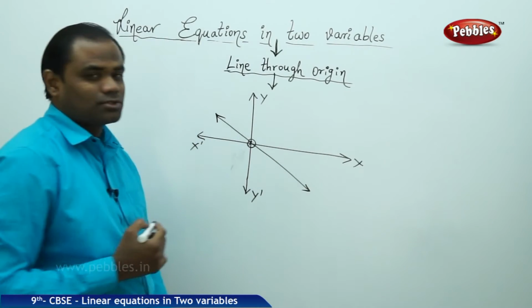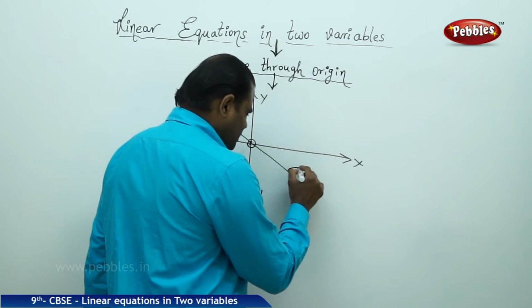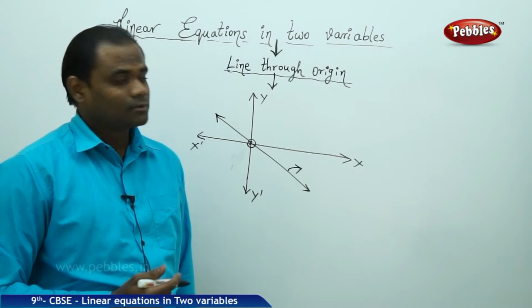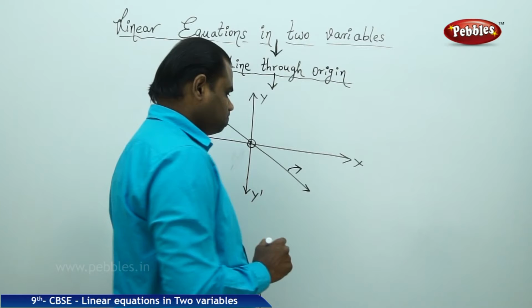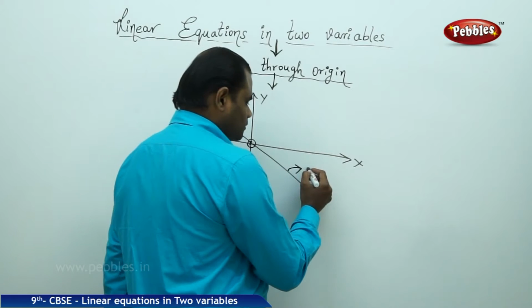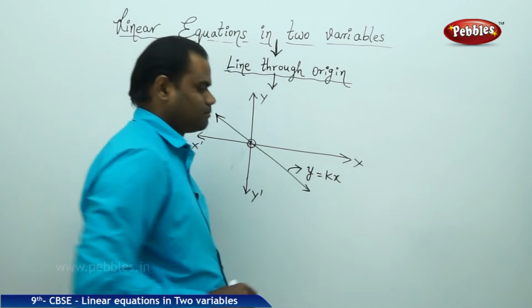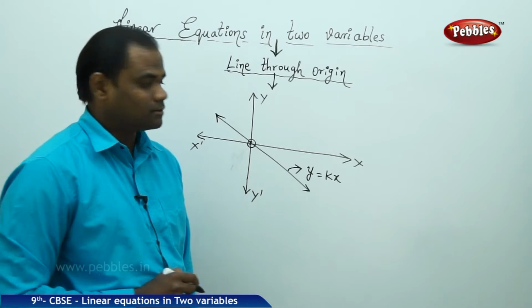So when a line passes through origin, what would be its equation? How does the linear equation look like? In this case, a linear equation would be in the form y equals kx. That's how I understand.